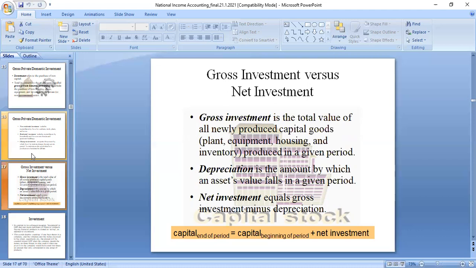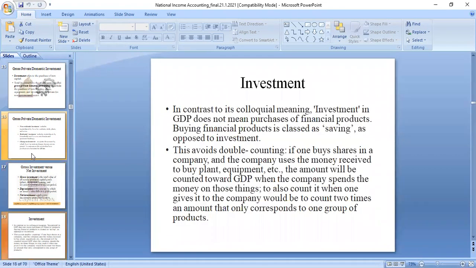The net is when we subtract the depreciation from the investment, because it is the machinery, for example, that depreciates. So there we shall be getting the net gross domestic product or the net national product.